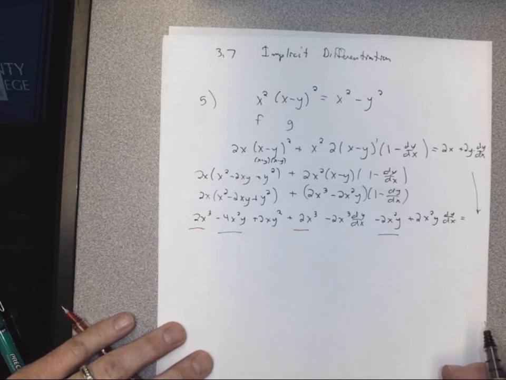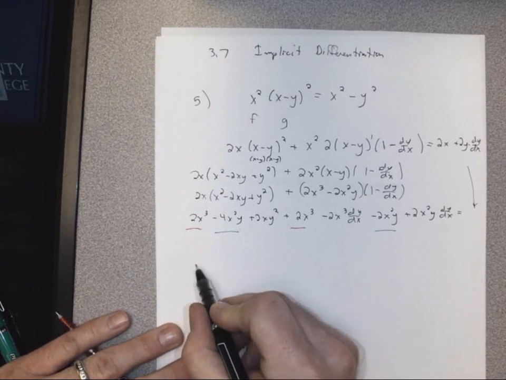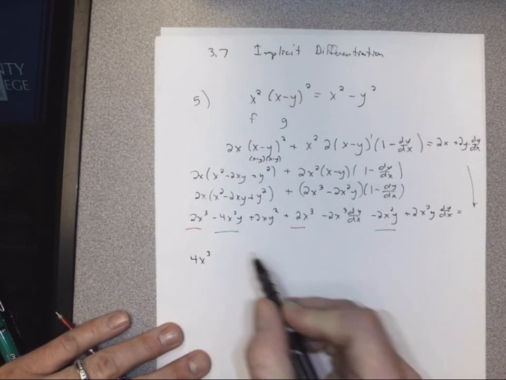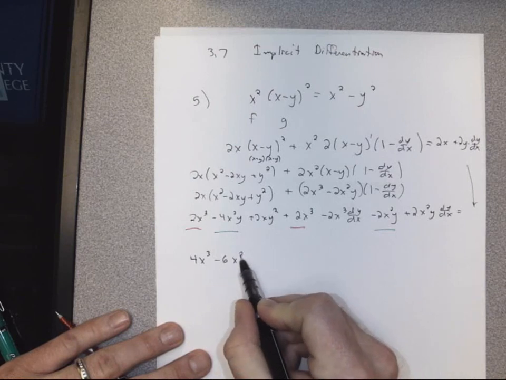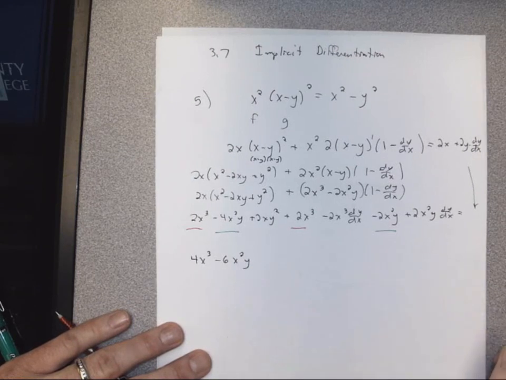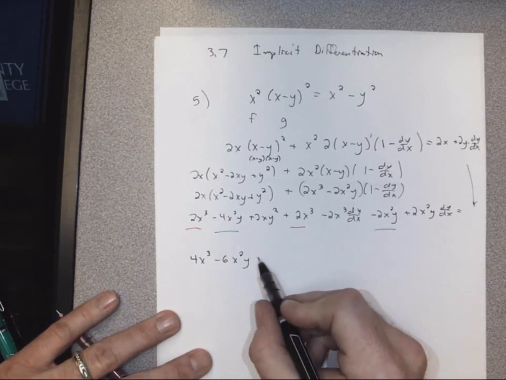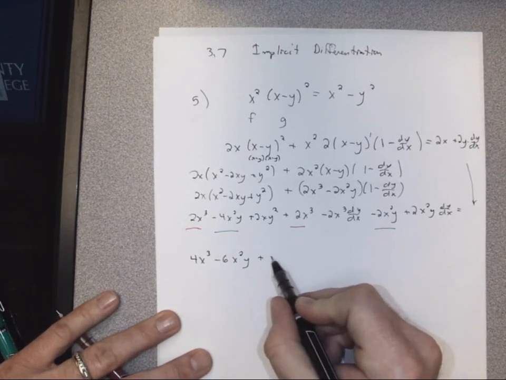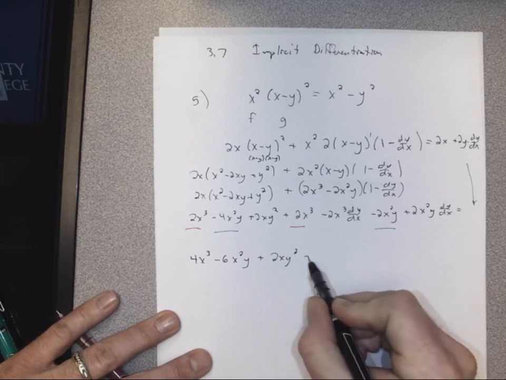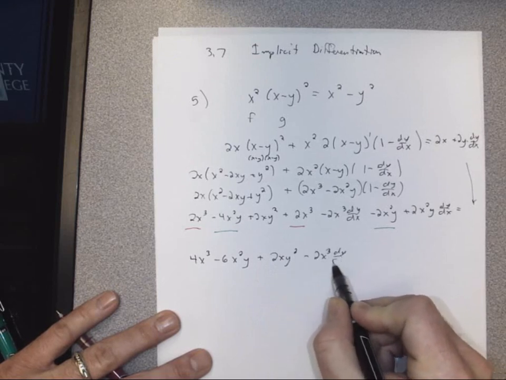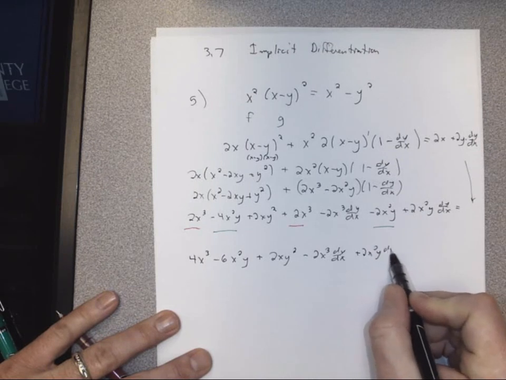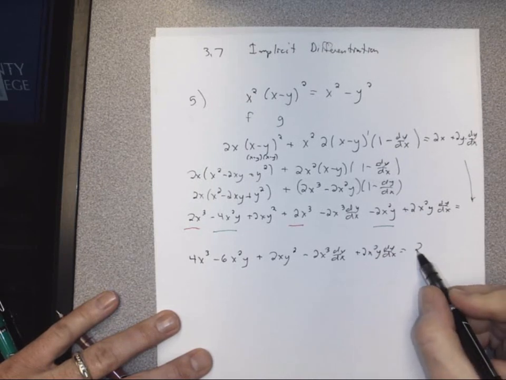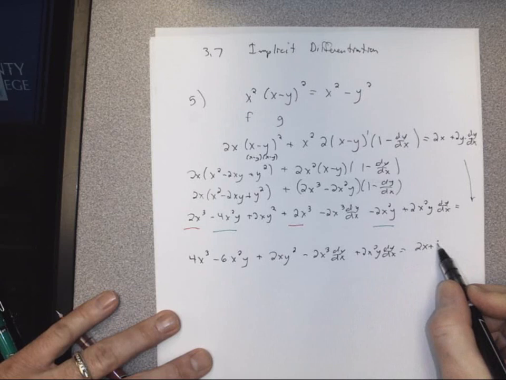Okay, so the reds first. So I have 4x cubed. In the blues, the greens, I have minus 6x squared y. Yep, so those are taken care of. Plus 2xy squared minus 2x cubed dy dx plus 2x squared y dy dx is equal to 2x plus 2y dy dx.